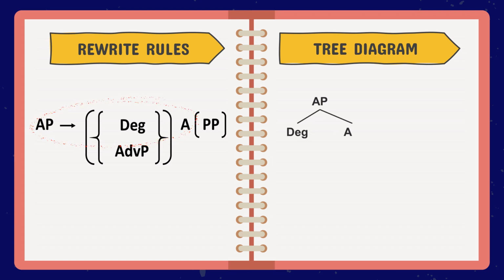Also, we can have an adjective phrase that consists of an obligatory A. Another one, an adjective phrase consists of an adverb phrase, which is optional, and an obligatory adjective. Lastly, an adjective phrase consists of an adjective and an optional prepositional phrase.